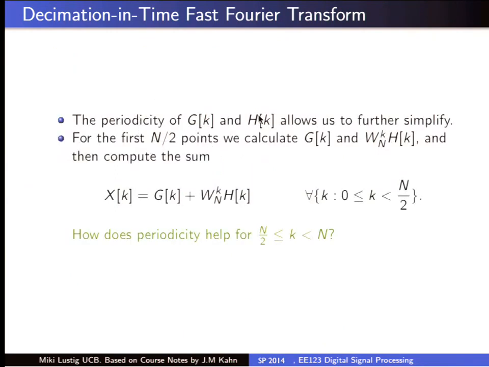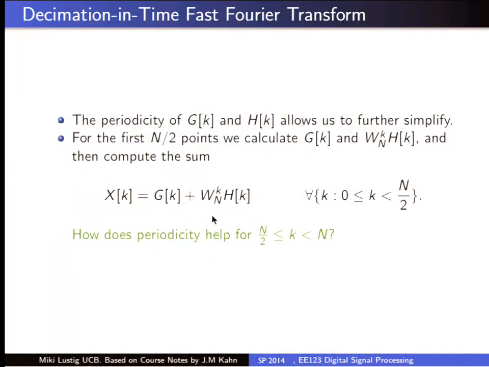So there is periodicity, and that allows you to improve further. For the first n over 2 points, we can calculate g of k in this part. But the question is how the periodicity of g of k and h of k can still help us to compute the rest, the second half of the coefficients.